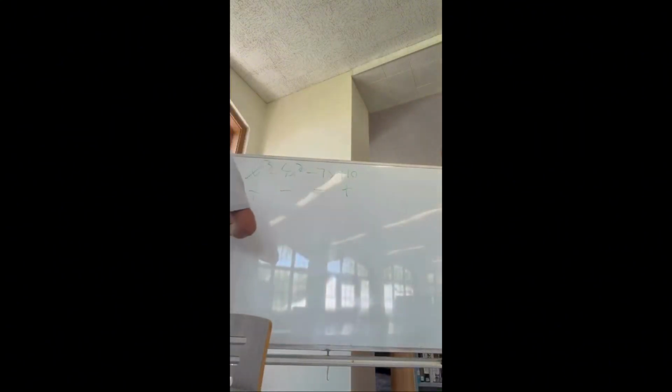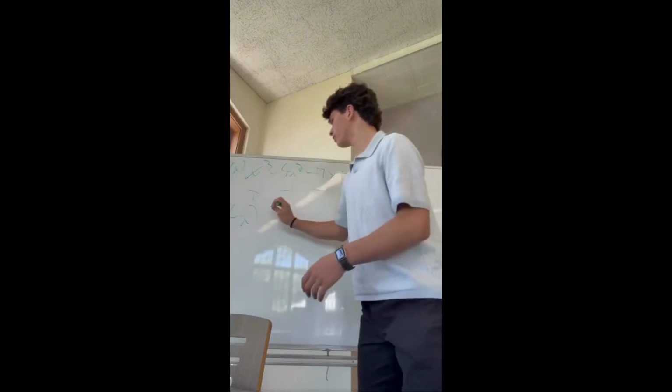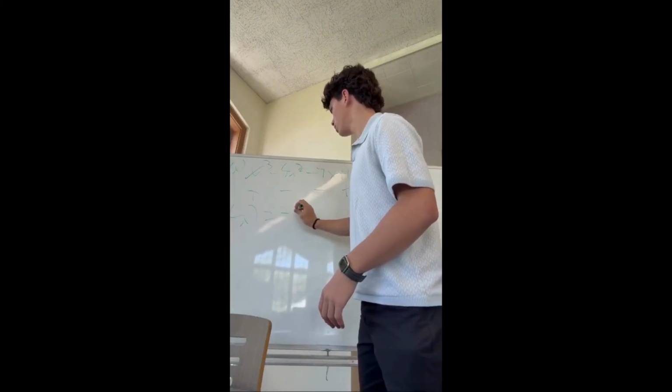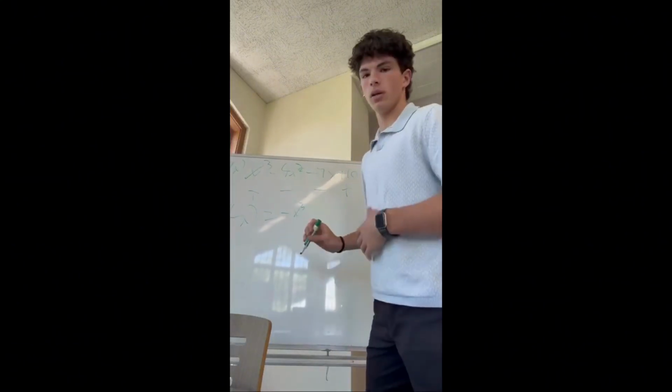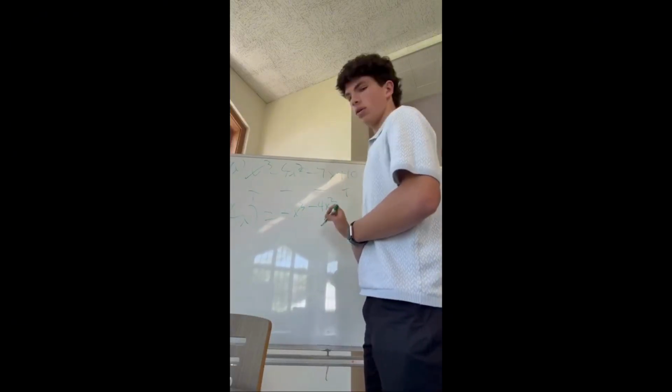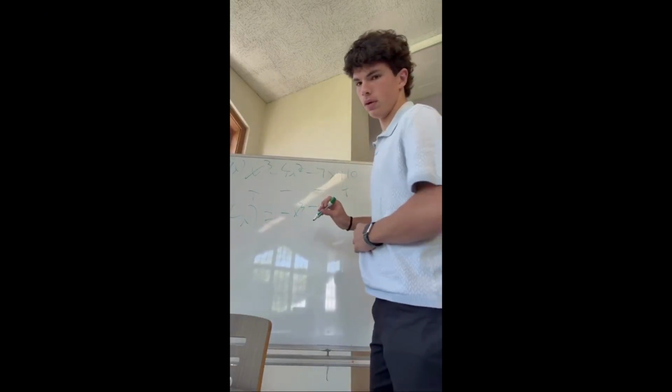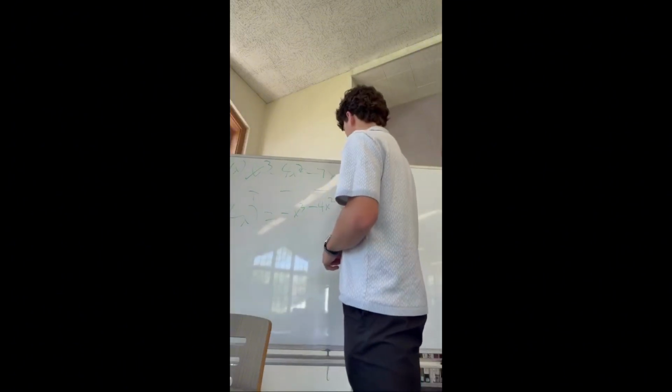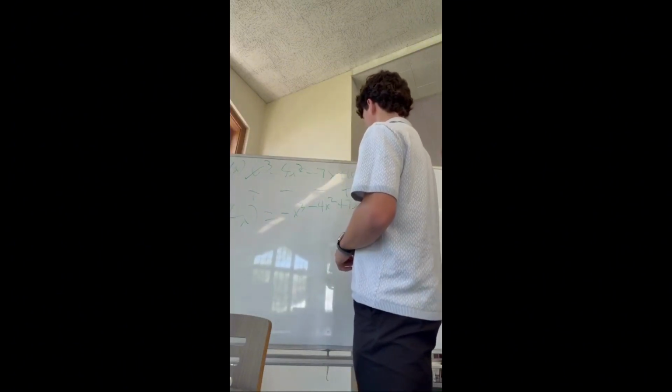Now let's look at f of negative x. Which would be negative x cubed, minus 4x squared, plus 7x, plus 10.